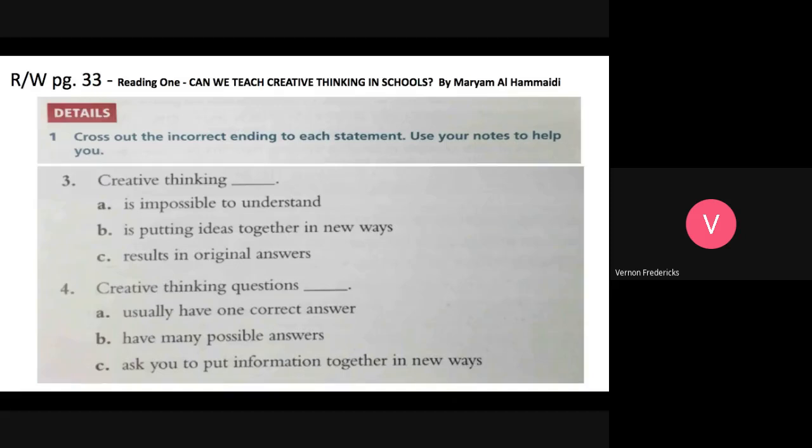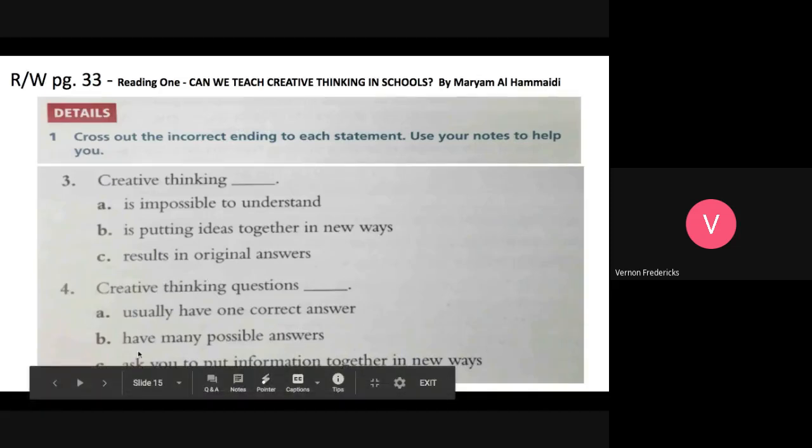I would delete A, is impossible to understand, yeah? Number 4, grades of thinking questions. The incorrect one is also number A. Usually I have one correct answer, okay? That is wrong. Usually there are multiple answers to a question, not only one correct answer like we have in math.